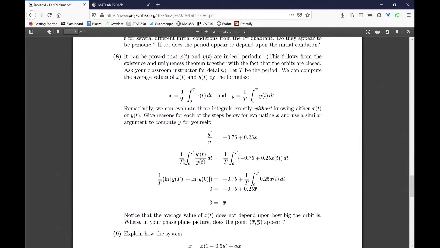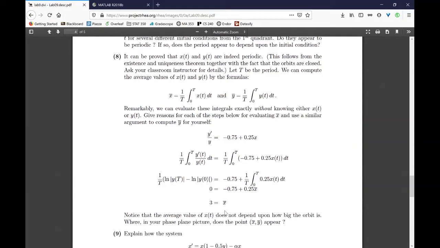We have 1 over T, where T is a period, and evaluate these integrals. This eventually turns out to mean that this side is 0, so 0 is equal to negative 0.75 plus 0.25 times the average of x. So the average of x is equal to 3.